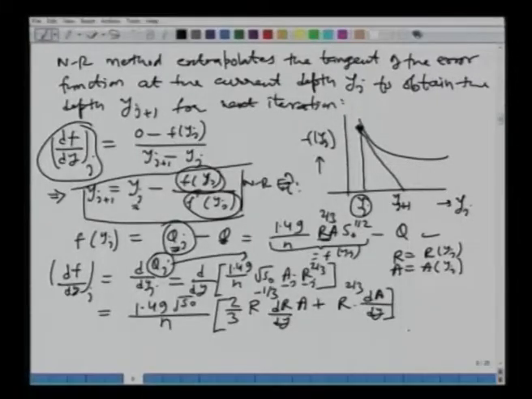So, let us simplify this then, let me move to the next page. It would be equal to 1.49 under root S 0 over n. And then what you can do is take this thing outside, A j R j to the power 2 by 3 is common.